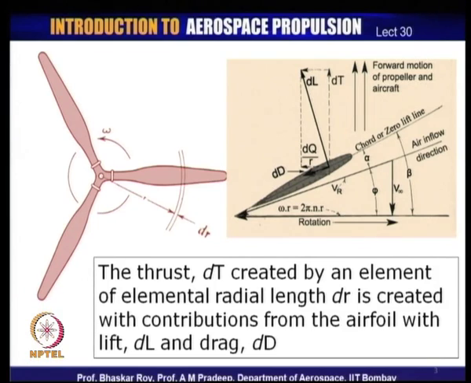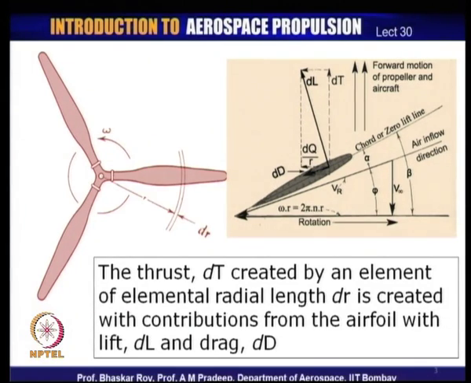Now, let us say that the blade has been aligned, the blade has been set, and the flow is coming into the propeller at an angle alpha to the blade section with a velocity V_r. Then it creates a small elemental lift dL born out of the lift characteristic C_L.